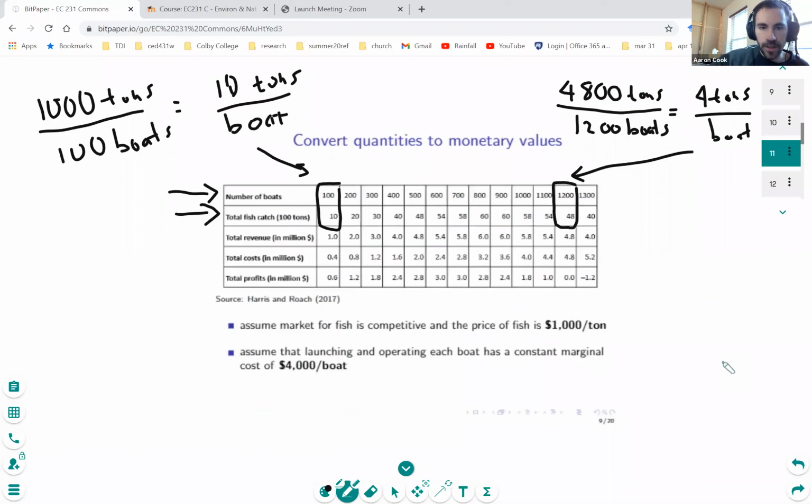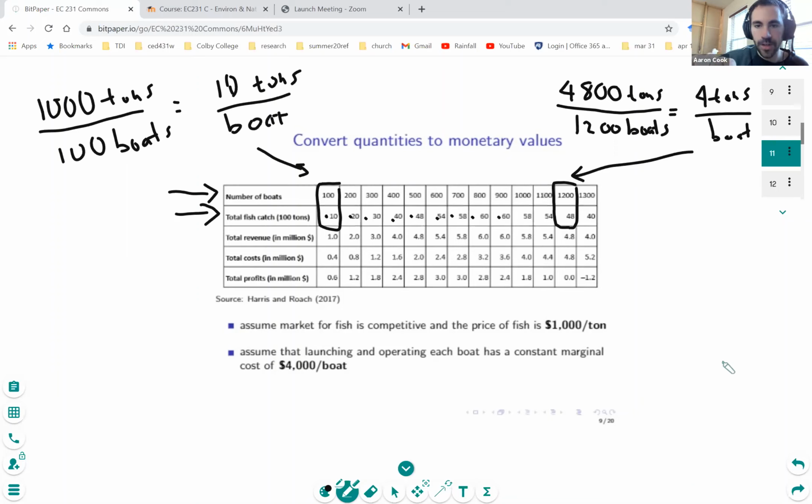So you'll notice that the total fish catch goes up from 10 to 20 to 30 to 40 to 48. From 40 to 48, we already see that's where the returns start to diminish a little bit, where you no longer have the same increment of total catch as you add the next 100 boats.